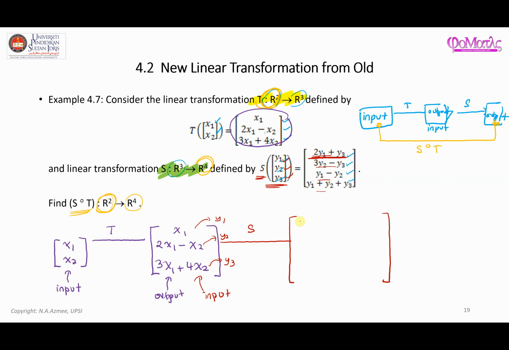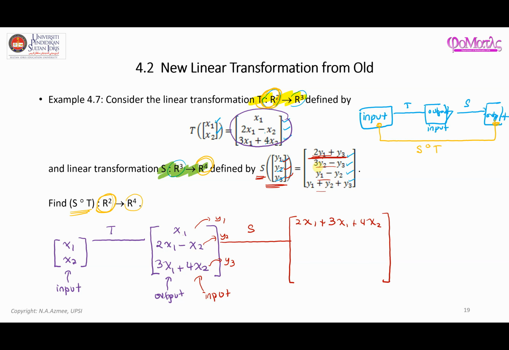So 2y1, which is x1, just substitute this input here, plus y3. So y3 is the whole thing, 3x1 plus 4x2.